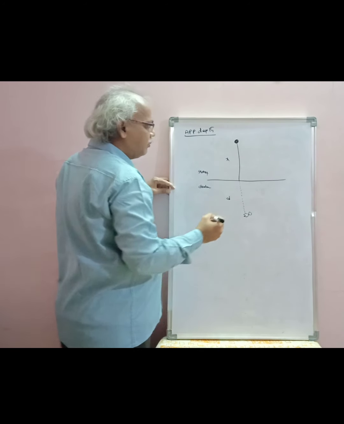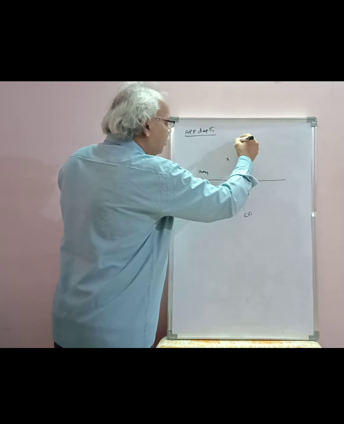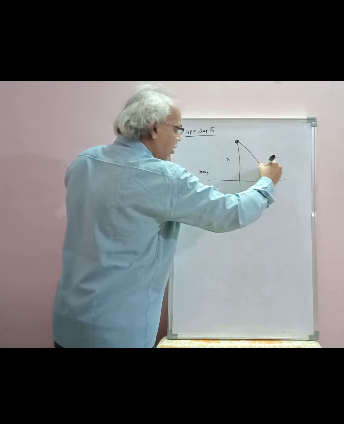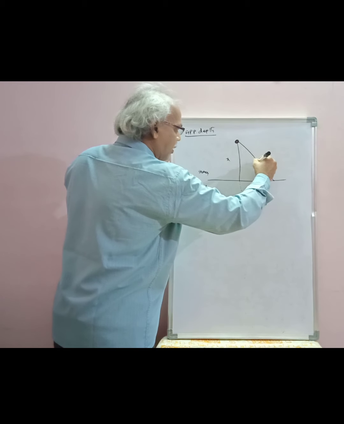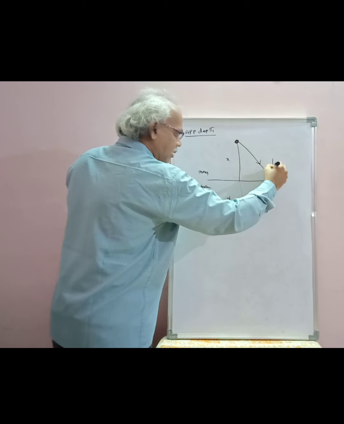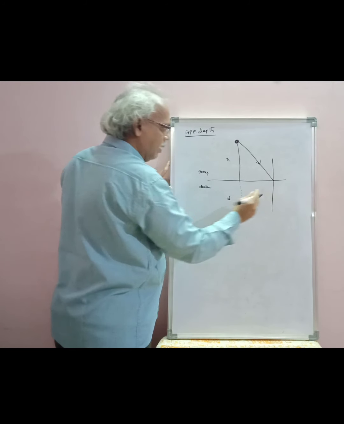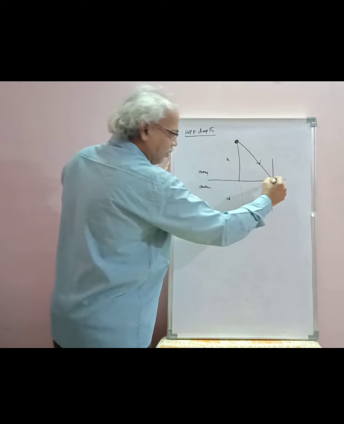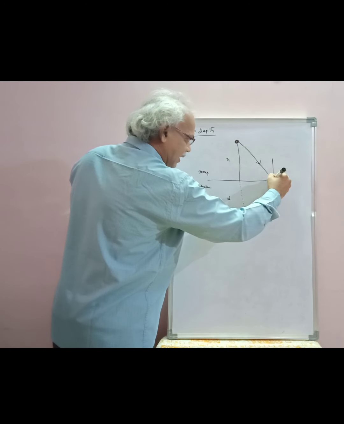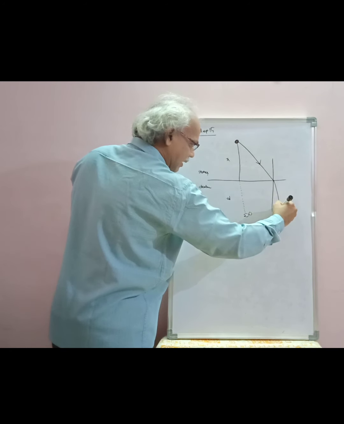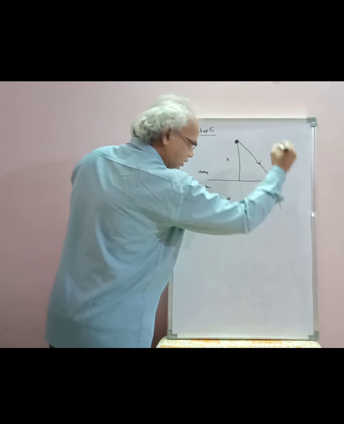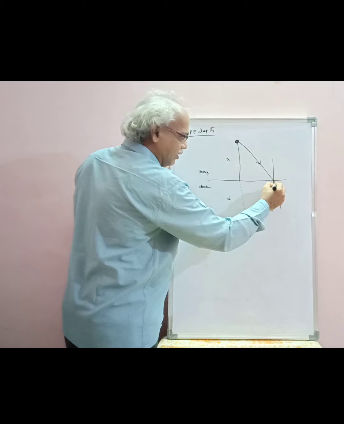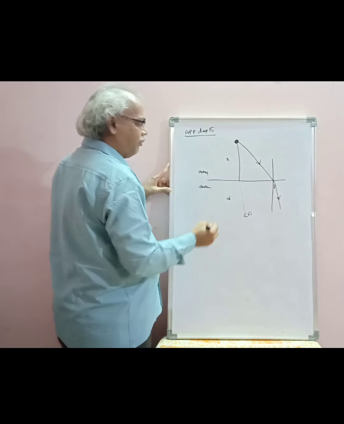For that, suppose the rays are coming from this object, and it is the normal. Here it is the rarer medium, it is the denser medium. So the ray of light refracts into the denser medium and bends towards the normal. So here it is the angle of refraction.